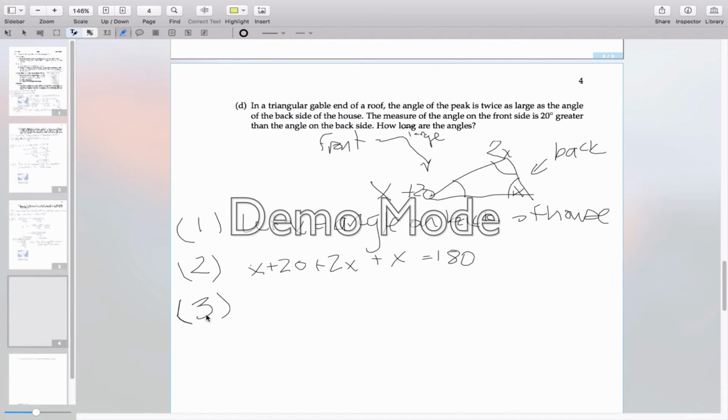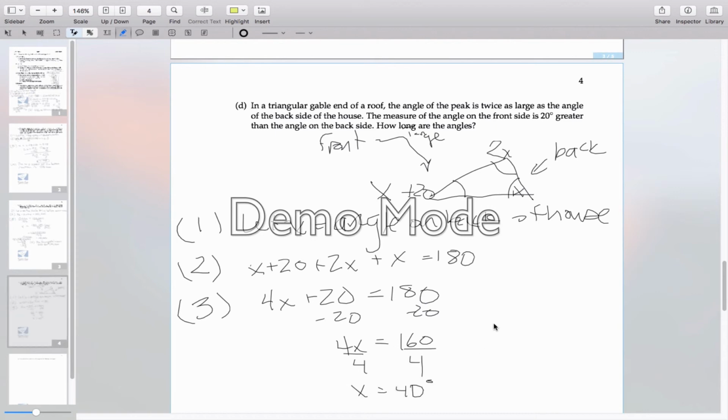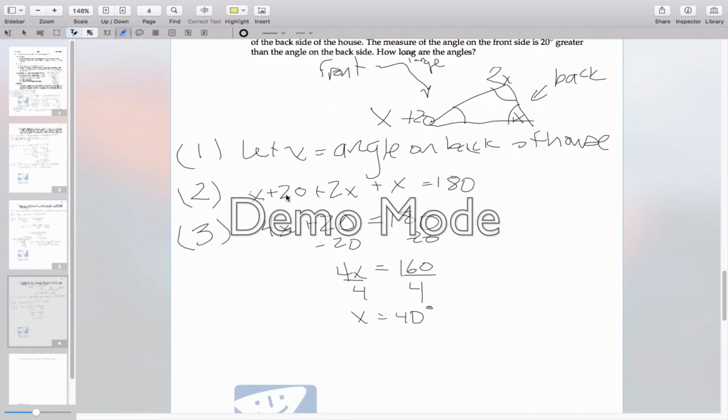Let's solve our equation. Combine like terms. There are 4 x's plus 20 equals 180. Subtract 20 from both sides, giving 4x equals 160. Dividing by 4 tells us x equals 40 degrees. And so how large are the angles?